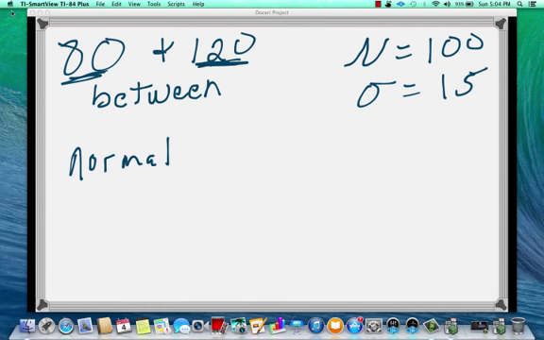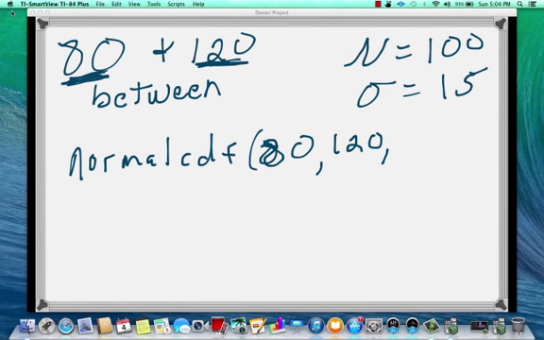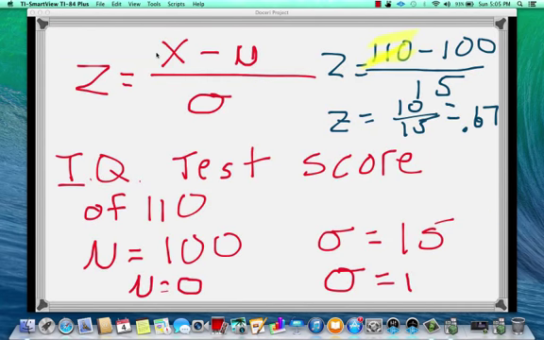You have a lower bound, which is 80, and then our upper bound 120, and then you punch in your mean and standard deviation, and that will give us the probability of scoring between an 80 and 120 without having to standardize 80 and 120, find a difference and all that.